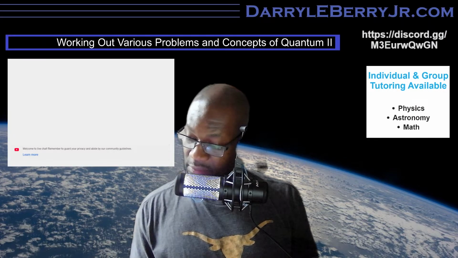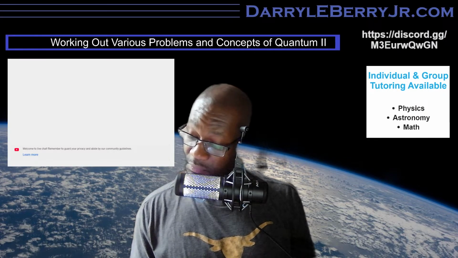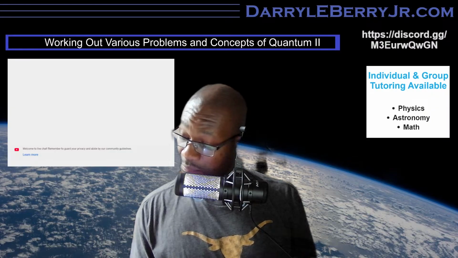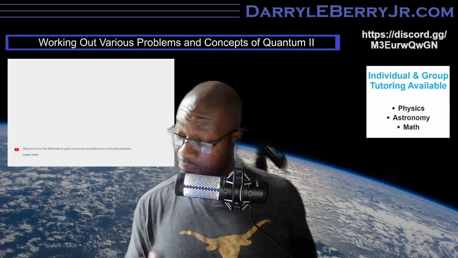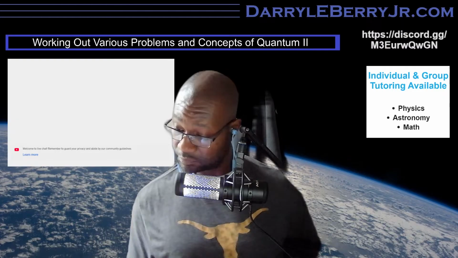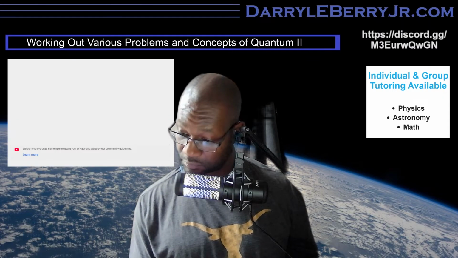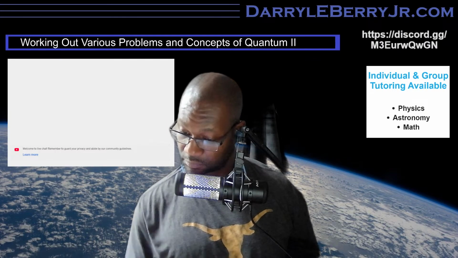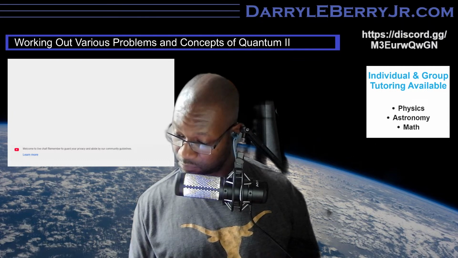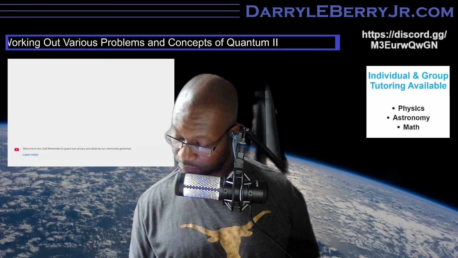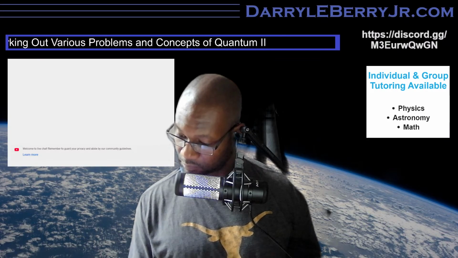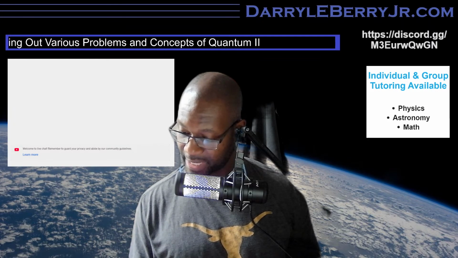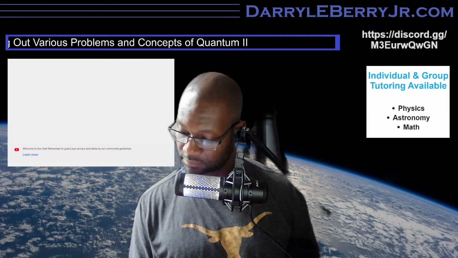So A, C, and D are diagonal. B is not diagonal.